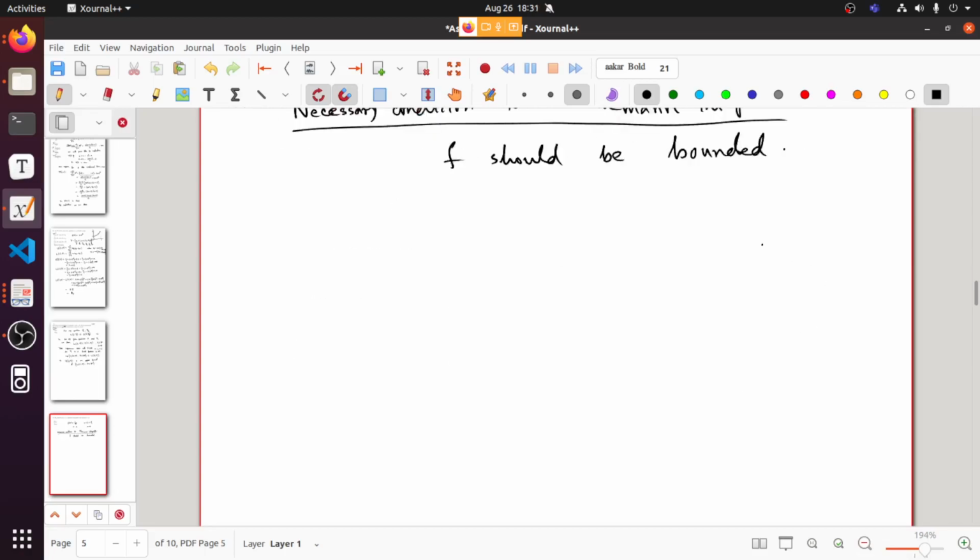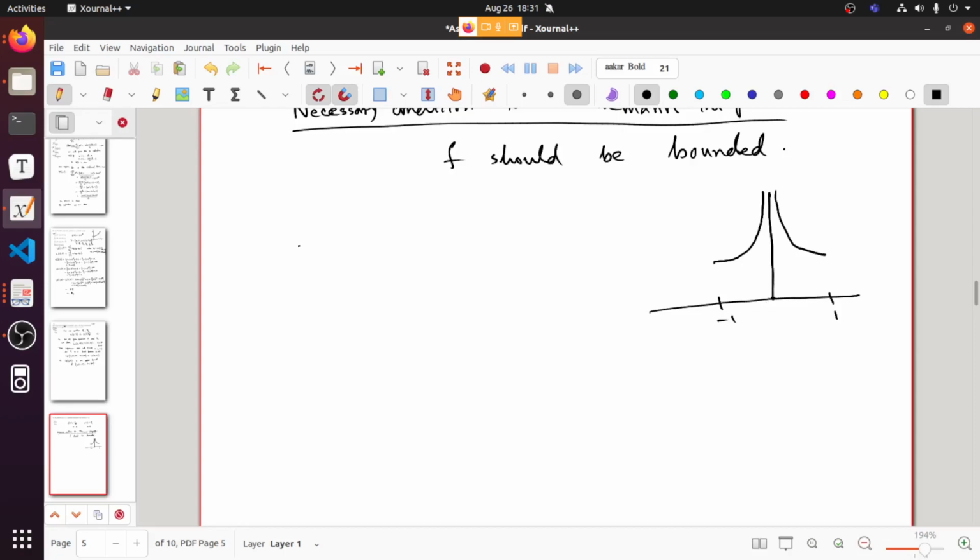So how does this function look? From minus 1 to 1, it's 1 by x square. At the point minus 1 it's 1, and as it approaches 0 it will become infinity, and on this side again it will look like this. And 0 we have defined to be 0, whatever you define, but as it has an infinite discontinuity, you cannot make it continuous, and also it's not bounded.